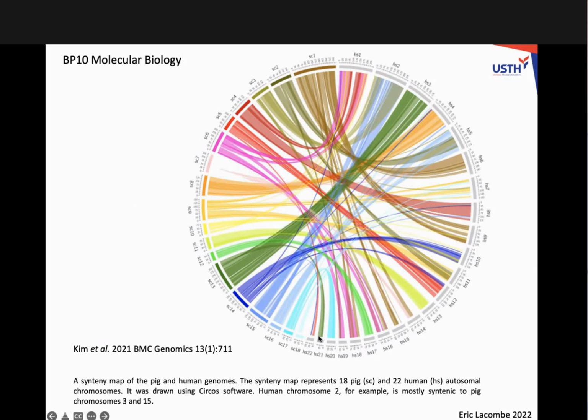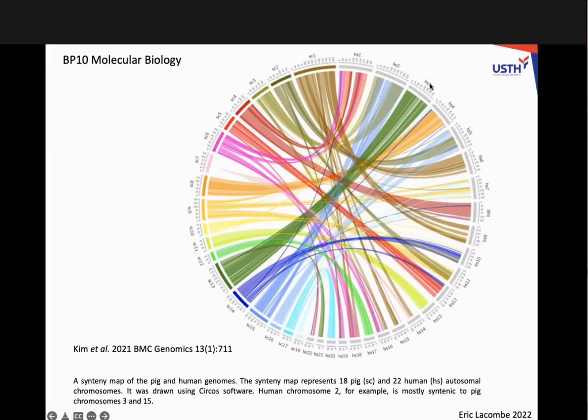For example, if we take chromosome 21 in human, all the data contained in chromosome 21 is found back in chromosome 13 of pig. And the rest of the sequence of chromosome 13 of pig is found completely in chromosome 3 of human.